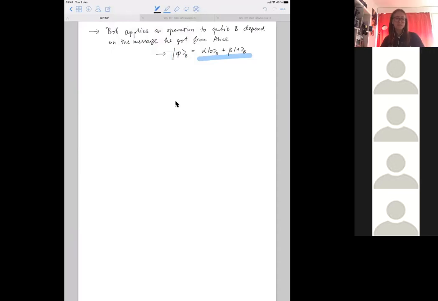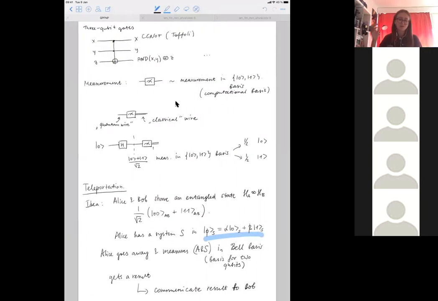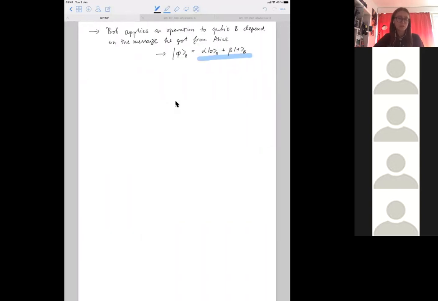A useful analogy that one can make with classical computing or cryptography is to see the entanglement as a one-time pad or one-time code that A and B share.